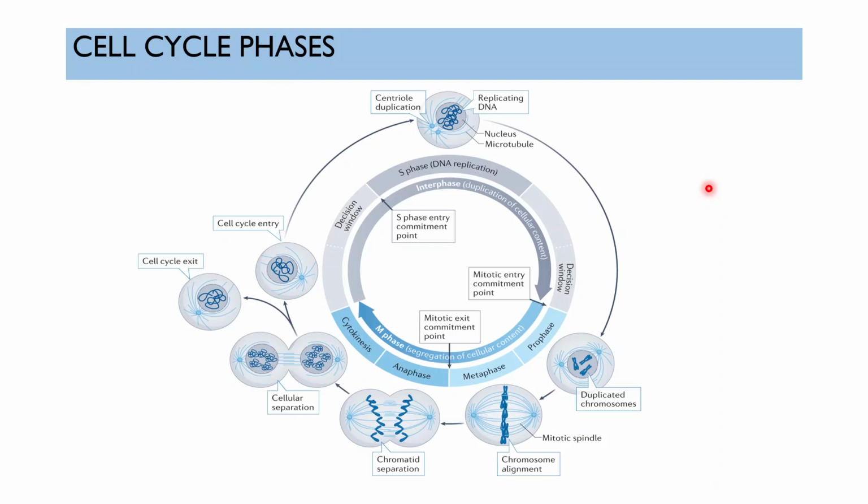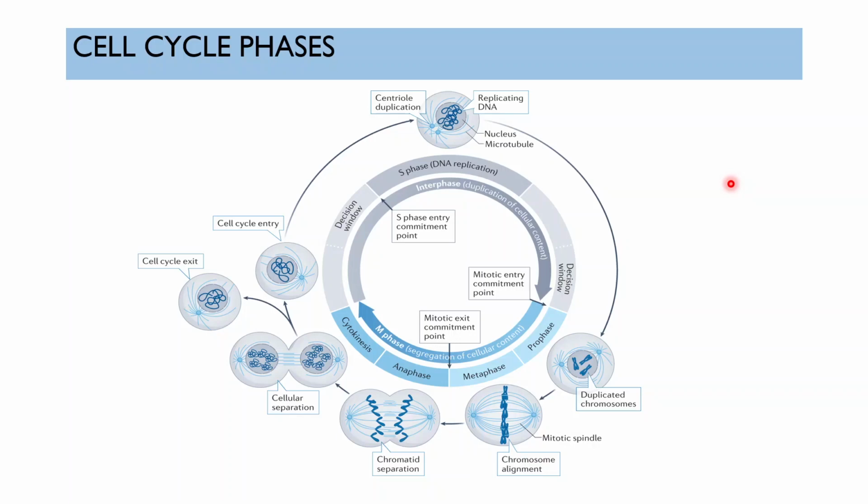So as I was mentioning, what are the factors which determine whether the cell will re-enter division or exit the cell cycle? Whether the cell will re-enter division is determined by whether the cell is terminally differentiated or not, that is, whether it has reached the highest level of specialization or not.